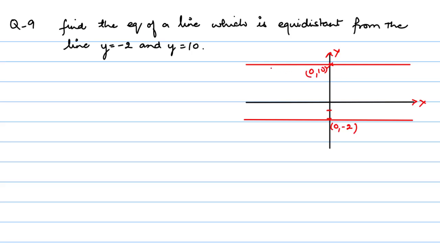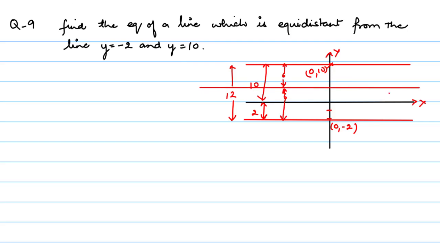What is the distance between these two lines? This is 10 units and this is 2 units. Therefore, the total distance is 12 units. And we want a line which is equidistant, meaning at an equal distance from these two lines. Therefore, we should move 6 units upwards and 6 units downwards. Therefore, we get a line of this sort.